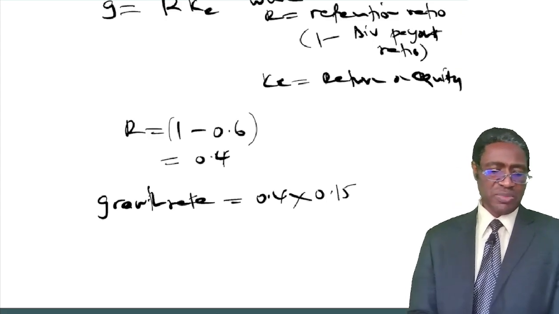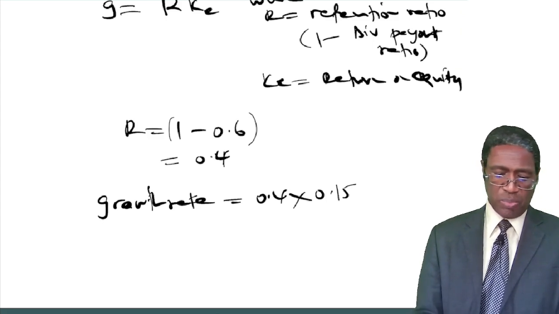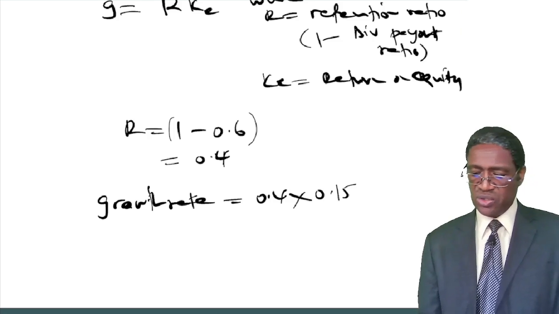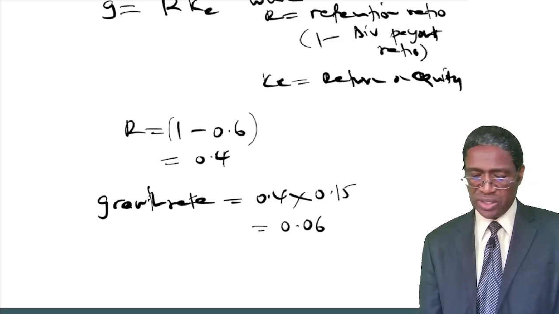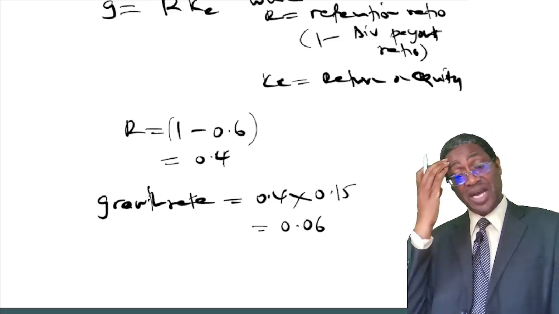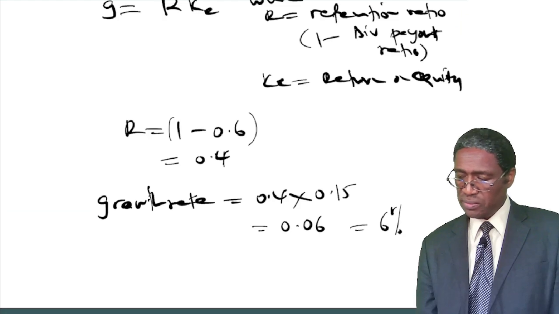So what becomes our G? 0.4 times 0.15 is 0.06. That is the growth rate, which is the same as 6%.